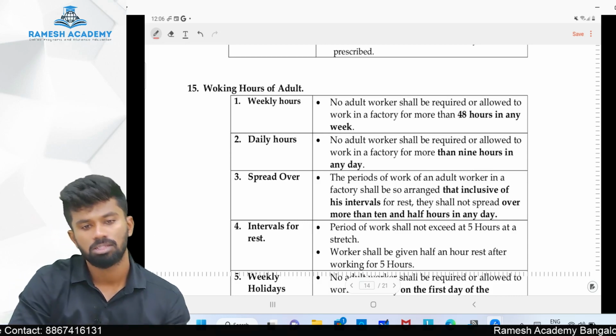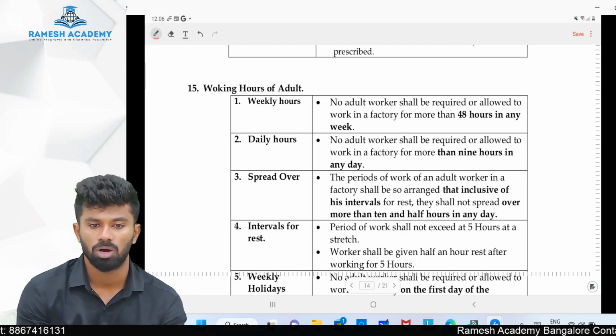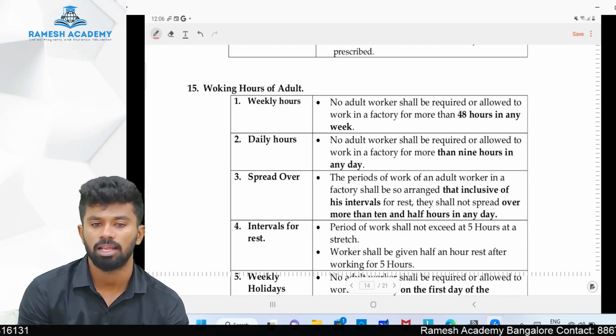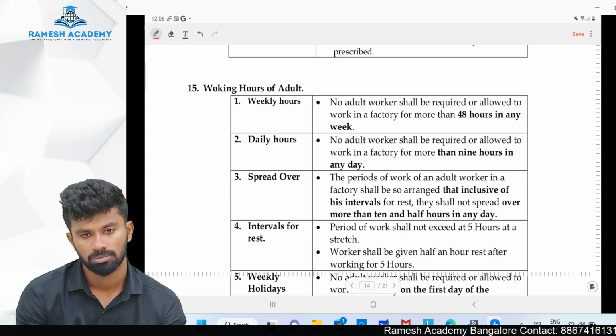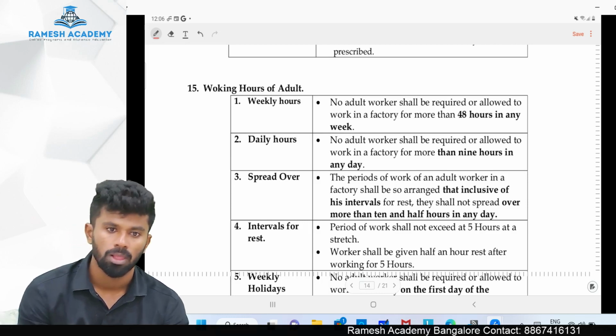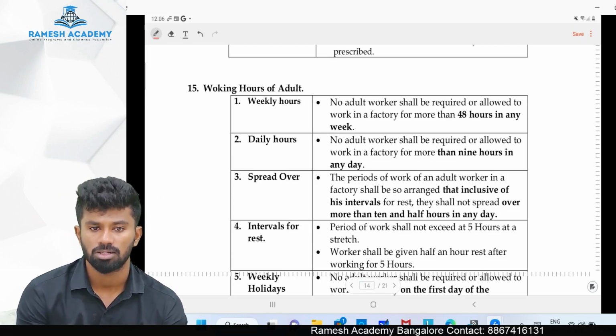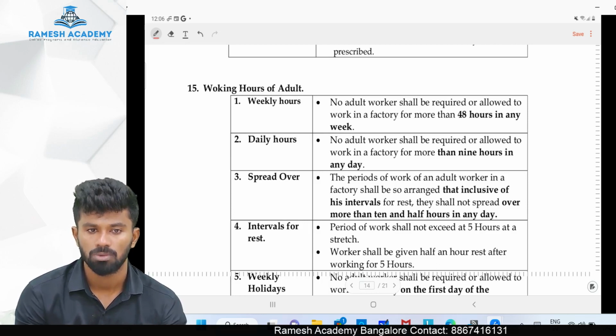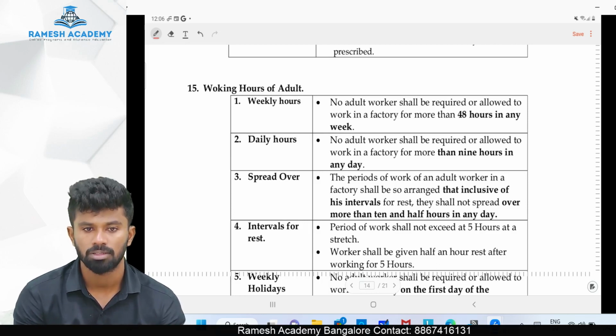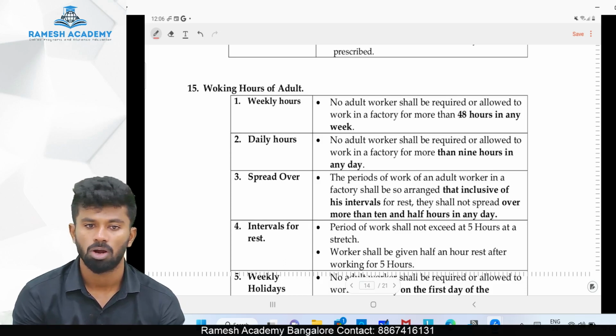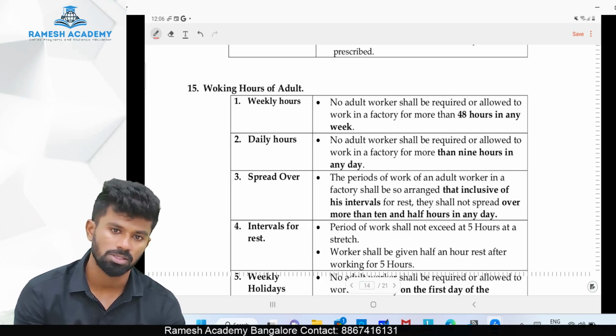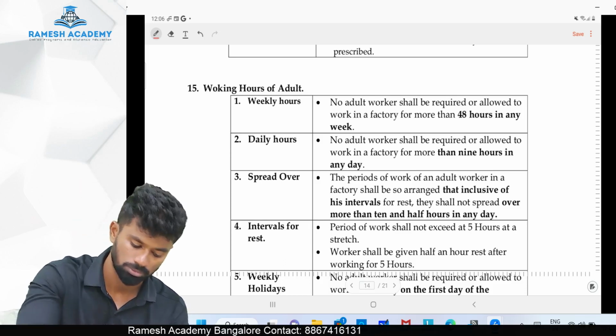Daily he is not required to work for more than 9 hours in any day. Okay. So the maximum number of hours a person is allowed to work in a factory is what? Not more than 9 hours. Maximum is 9 hours. Next.